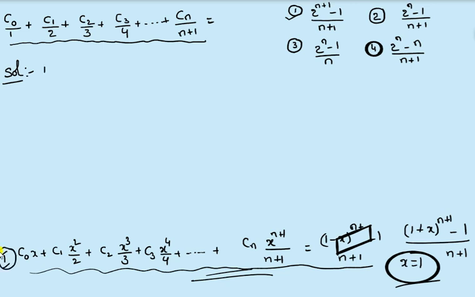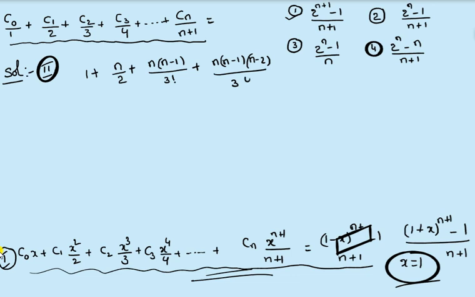The same question, I am discussing the second way to proceed. You know C0 is nothing but 1, C1 is nothing but n by 2, C2 is n into n minus 1 by 2 factorial into 3, plus C3, which is n into n minus 1 into n minus 2 by 3 factorial into 4, that we can write as 4 factorial, plus and so on.